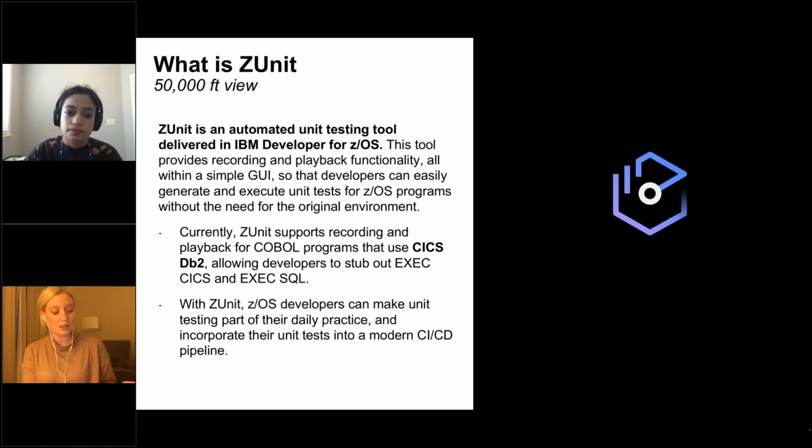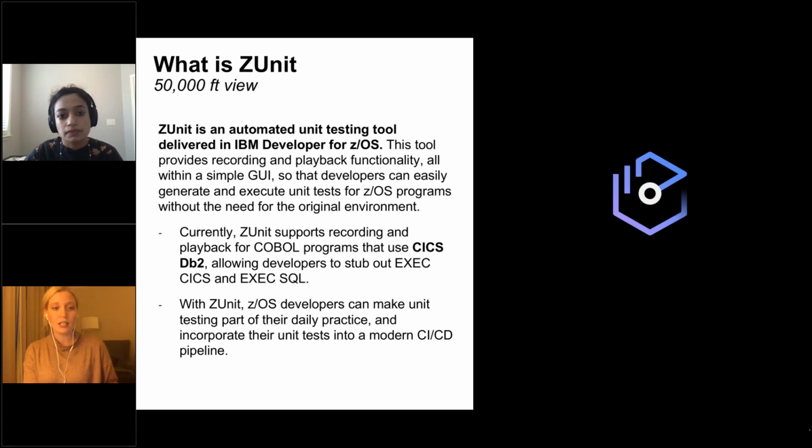What this does is you have this playback file that contains all those calls, and you are able to run your tests as a batch job with no need for CICS or Db2 up. It is all completely done as a batch job.